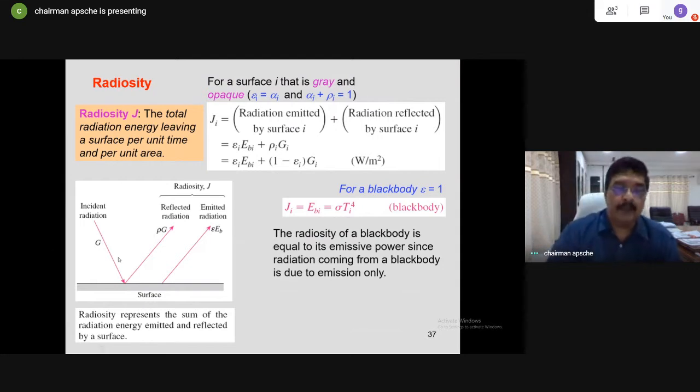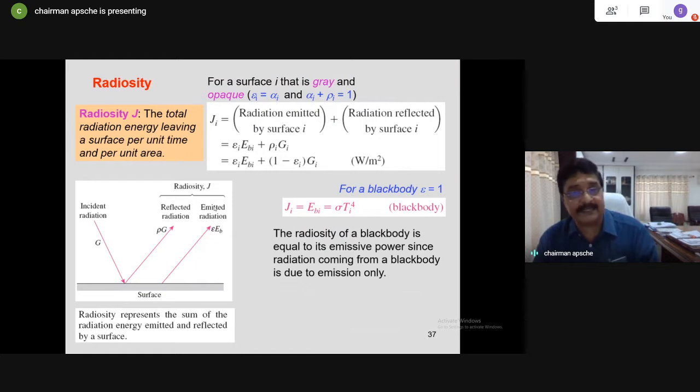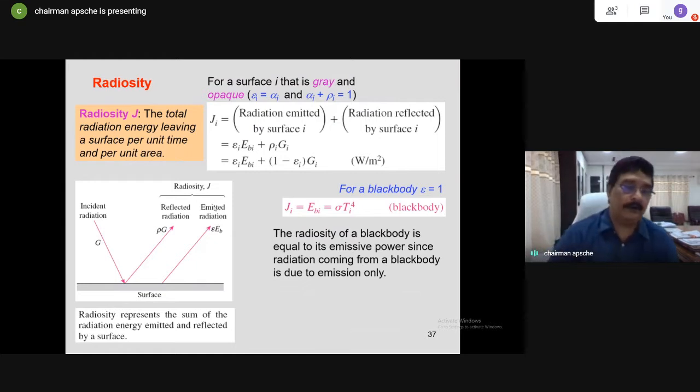When G is falling on it, if reflectivity is rho, rho G is reflected back, and the remaining is absorbed, because I said it is opaque, it is not transmitting anything. So alpha plus rho should be equal to 1. Tau is 0. Alpha G is absorbed, and rho G is reflected.